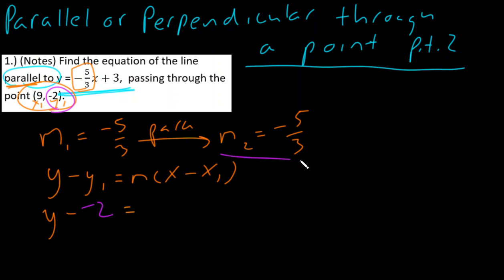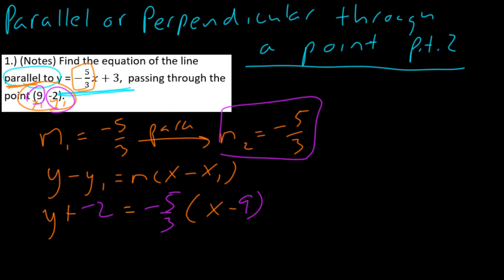Well, I know my slope is negative 5 over 3. And of course, this is being multiplied by x minus, and of course, in this case, our x1 value is positive 9.